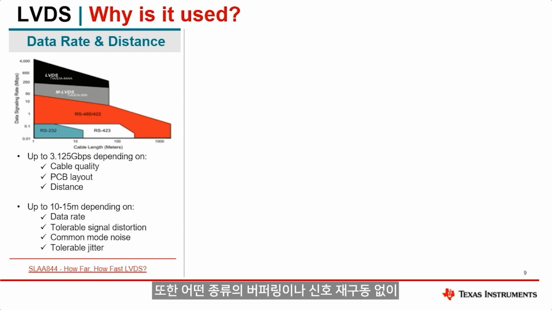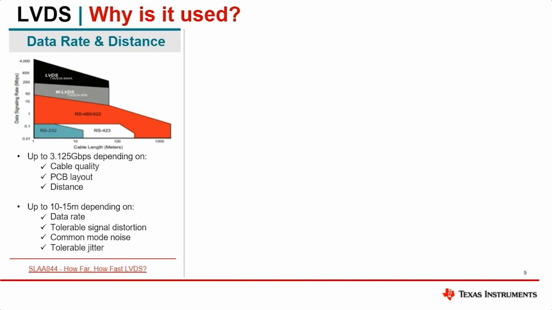And then you're also able to transmit up to 10 meters without any sort of buffering or redriving of the signal. Of course, these factors will apply, but you are able to get a good balance of data rate and transmission distance compared to some of these other standards such as RS-232, RS-422, and RS-485.